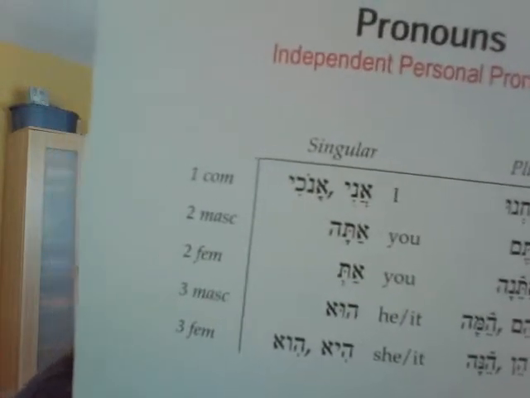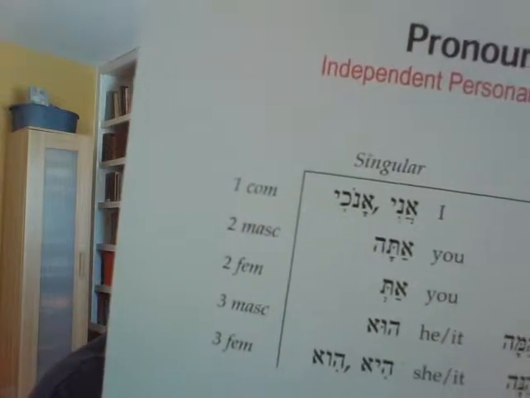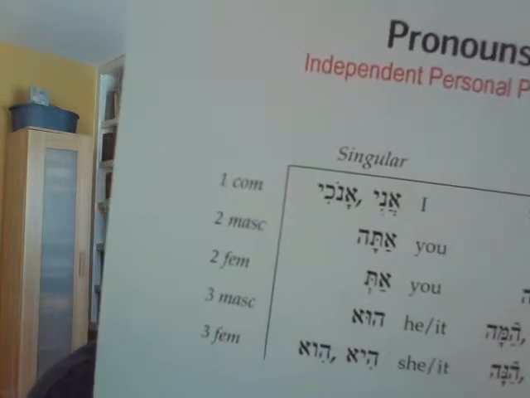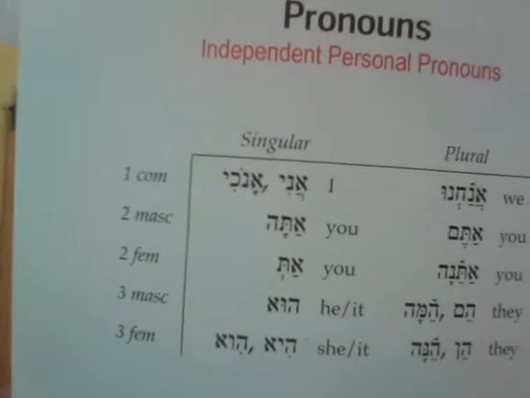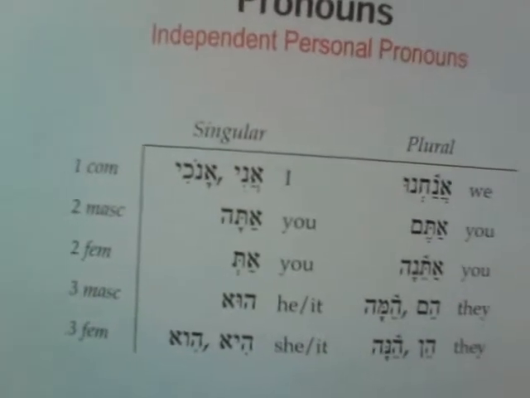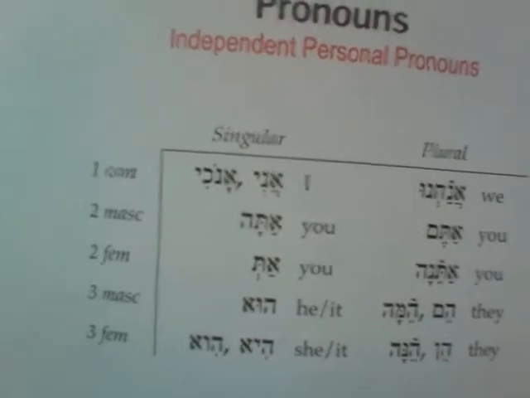Now you'll find that with pronouns, they have two categories. They have singular and they have plural, and then they have three genders, I guess we could say: feminine, masculine, and common.